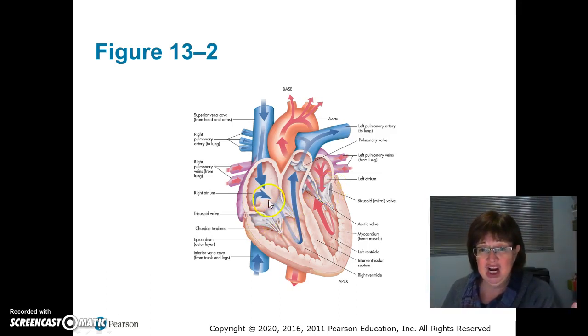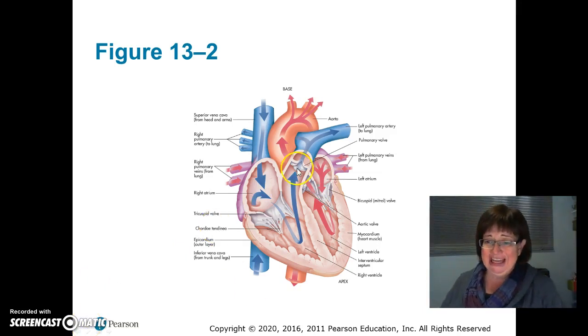The one on the right side is called the tricuspid. The one on the left side is called the bicuspid. The way I remember this is you like to try things before you buy things, such as a pair of shoes. So, try before you buy. The tricuspid comes first in the cardiac cycle, and the bicuspid is second.